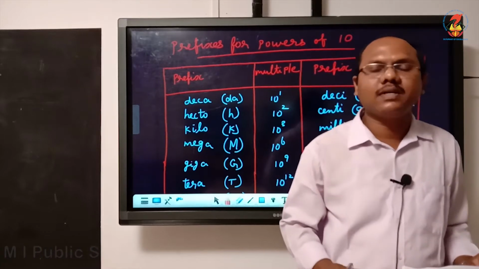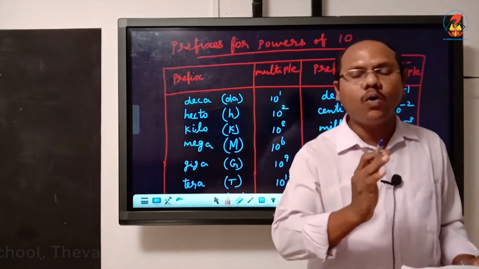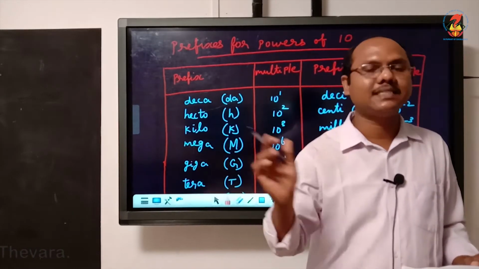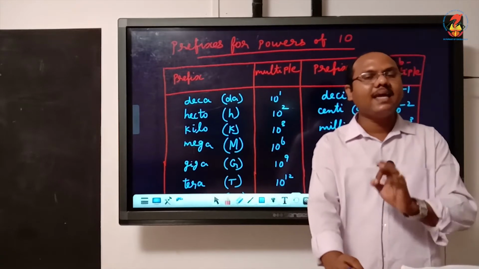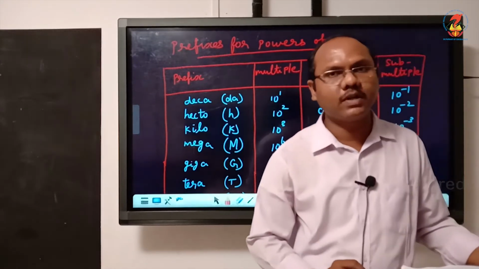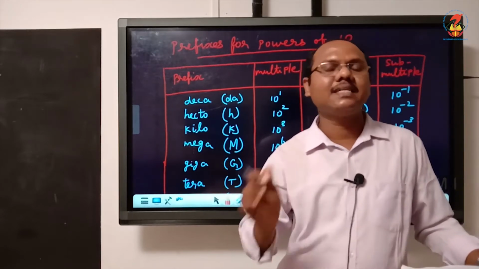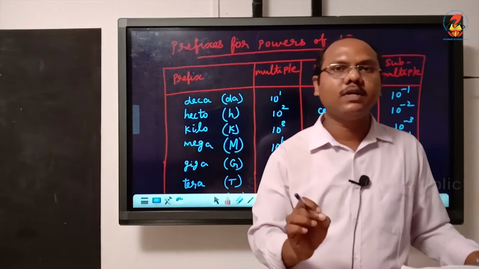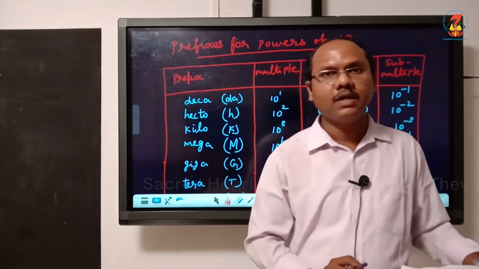Whenever we do the calculations in physics, we have to convert all the units to SI system. The question can be asked in any different system of units, but you have to convert everything into SI system, and only after converting you should be able to do the numerical.